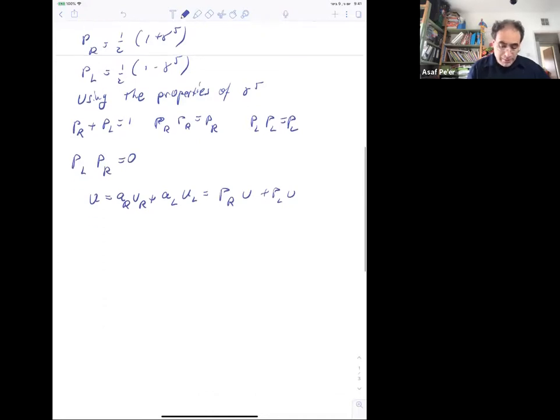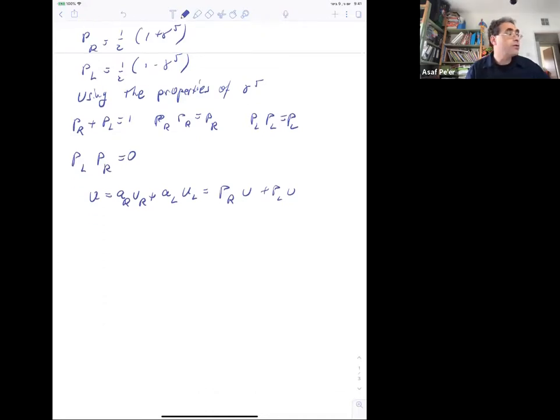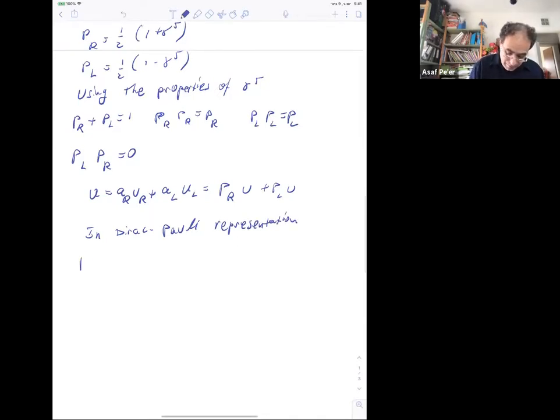Now, if we use the Dirac-Pauli representation, then again, just plugging in the gamma 5, it's pretty straightforward to show, it's a small exercise.